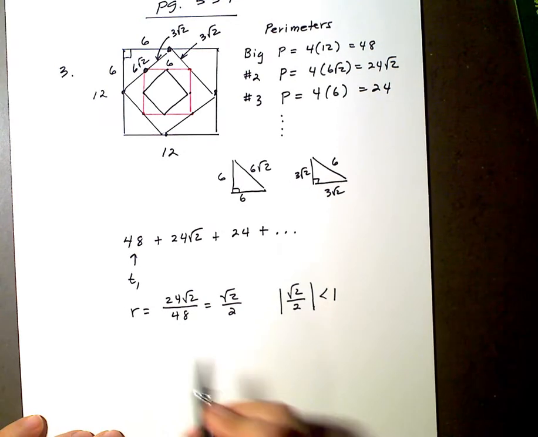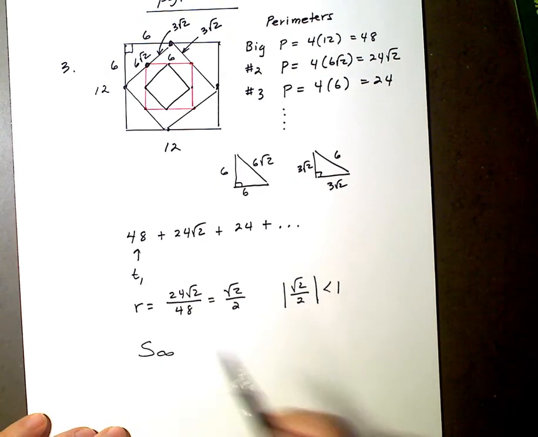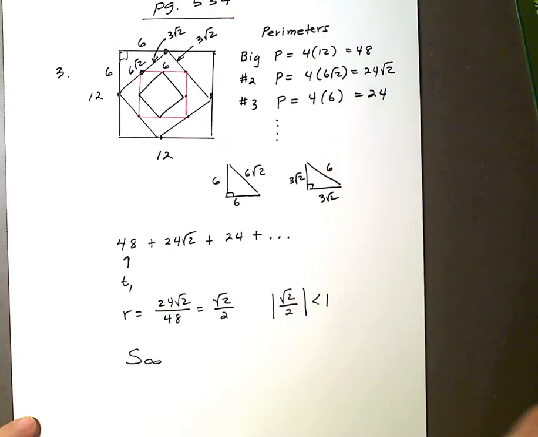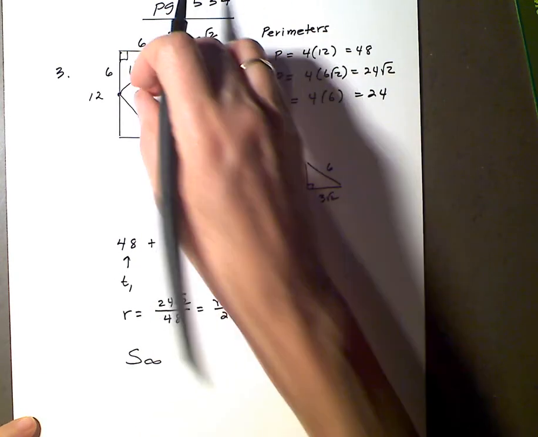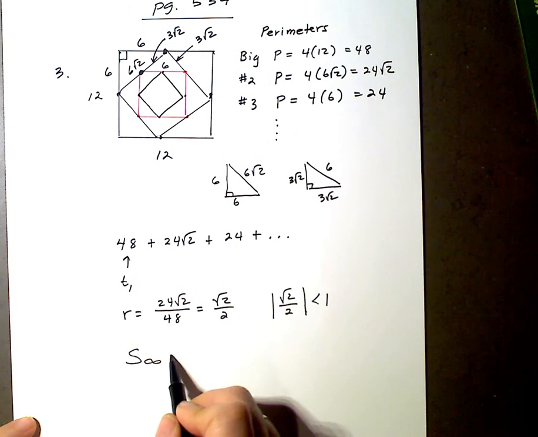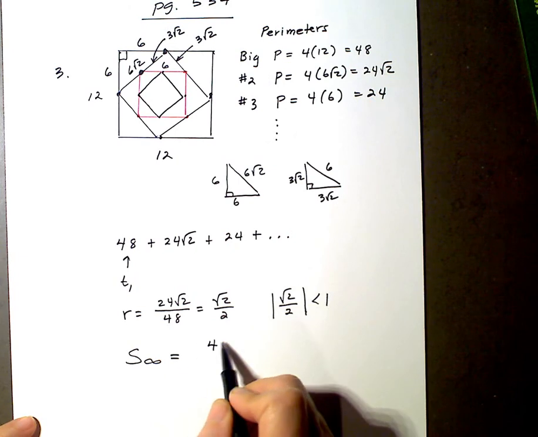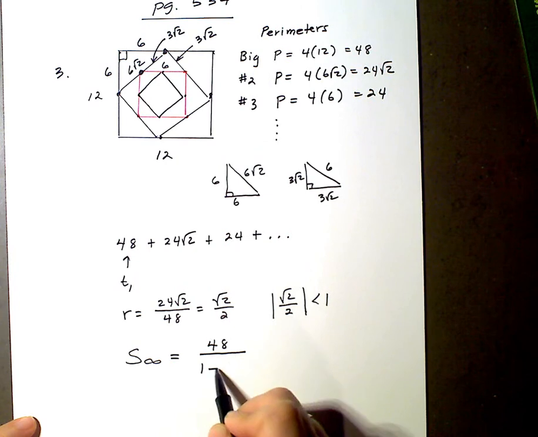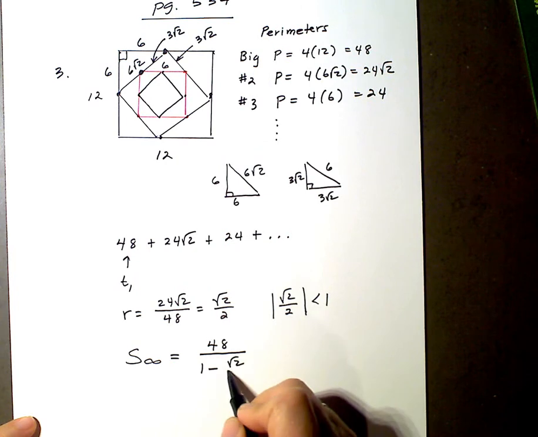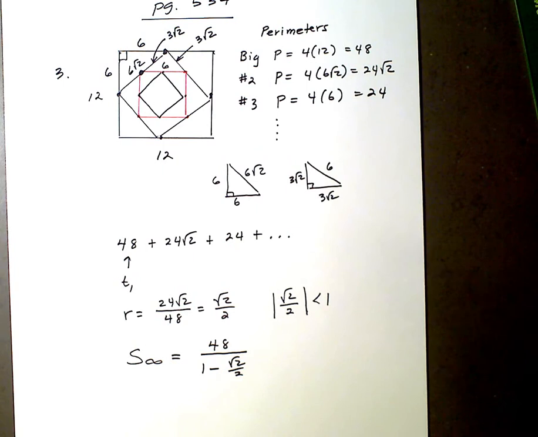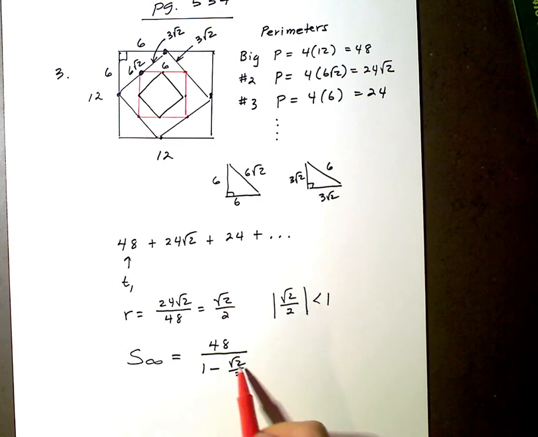So let's put this into the infinite sum series and find out, if this process continued forever, what the sum of all those perimeters would converge to. So it's the first term of 48 divided by 1 minus the common ratio of root 2 over 2. Now the first thing I'm going to do to simplify this is get the fraction out of here.